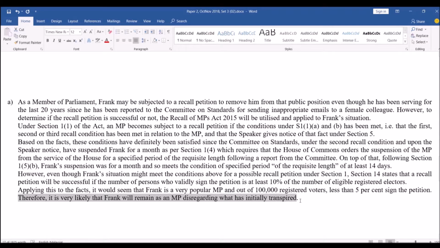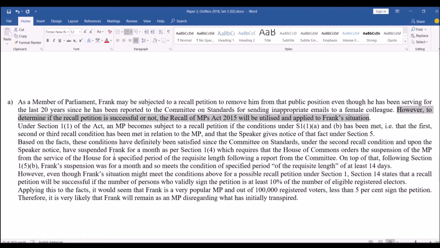transpired. So this is basically the answer for sub-question A, and as you can see, I started off by introducing the situation in the question, and also there's a very quick thesis statement here.